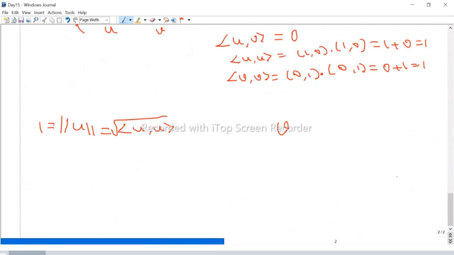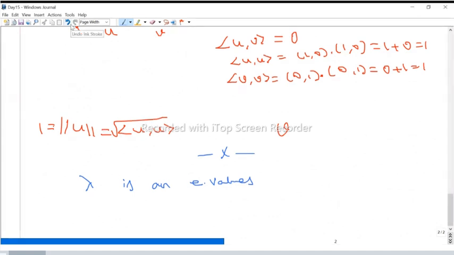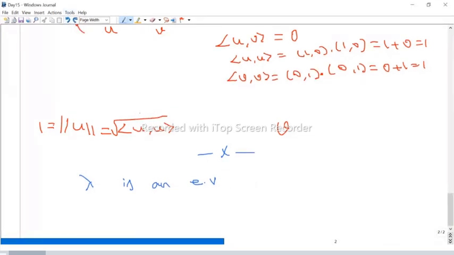So maybe I can say here, suppose lambda is an eigenvalue of A, where A is an n by n matrix.